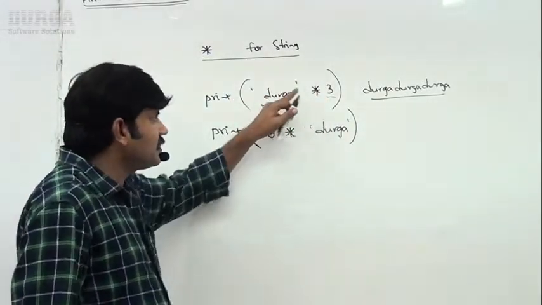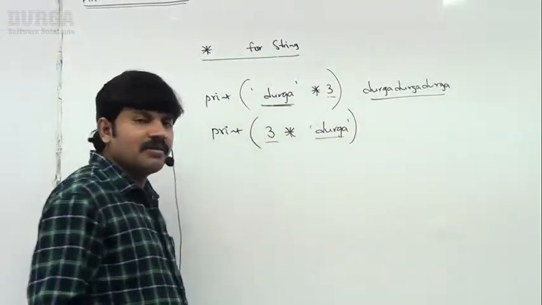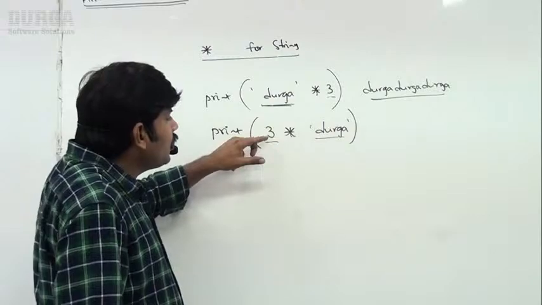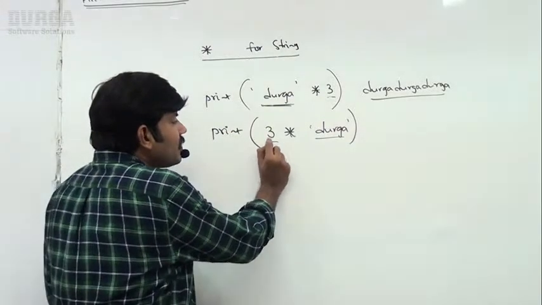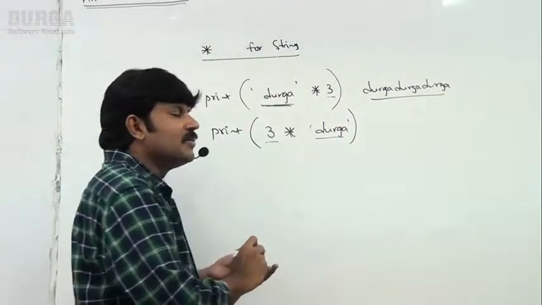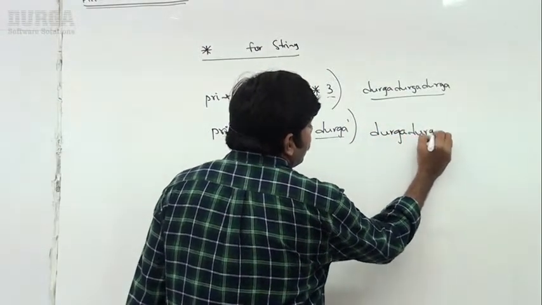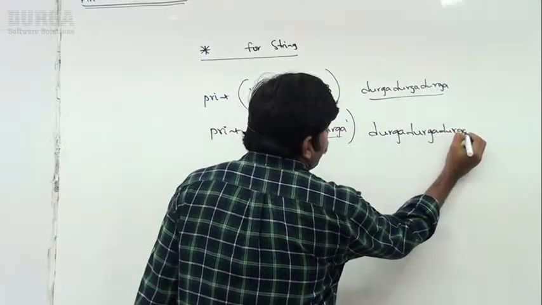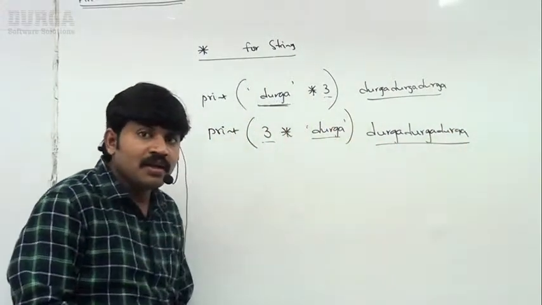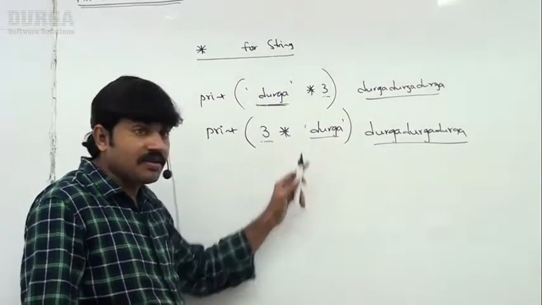If I use 3 * "Durga", repeat 3 times Durga. Same answer we are going to get, which means the order is not important. Both are perfectly valid. Don't feel it is invalid.